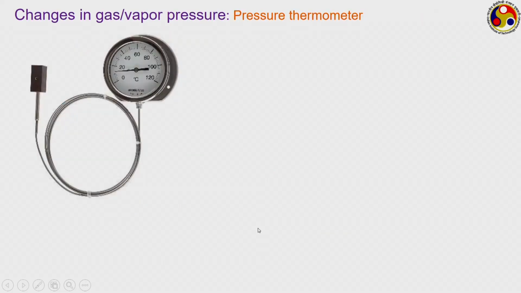Now, the constant volume gas thermometer has an improvement in the form of the pressure thermometer, where instead of a fixed or rigid container, we have a chamber within which we can have certain fluid, and as the temperature changes, its pressure again changes, and that is sensed by this particular pressure measurement gauge.